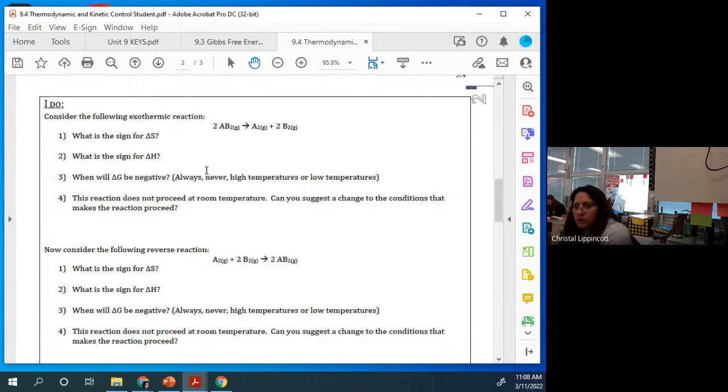All right. So consider this. What do you see as your sign for delta S here? Delta S represents what? Entropy. So is our entropy increasing or decreasing? Okay, so our delta S would be positive. Yep. What about our delta H?